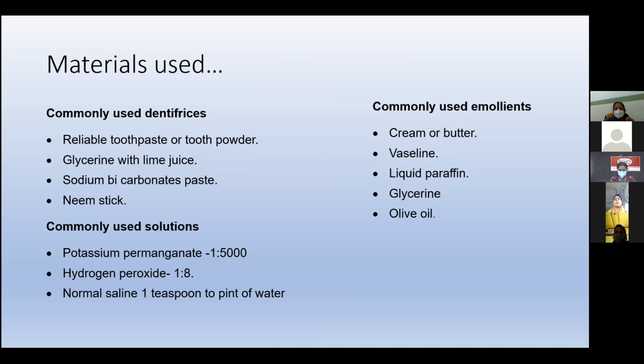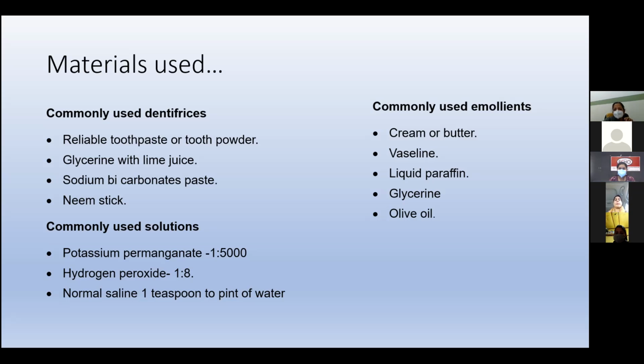The solutions which are used are generally potassium permanganate, hydrogen peroxide or normal saline. In palliative care, normal saline is very, very freely used. So we also need to teach patients how to make normal saline. That we will see in some other slide.